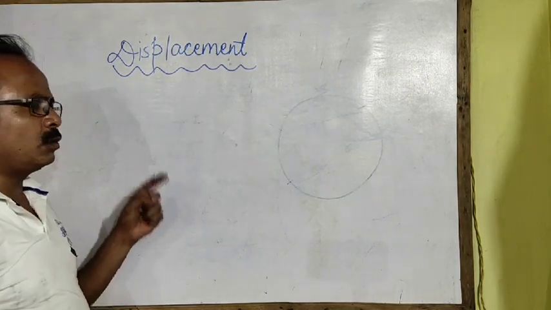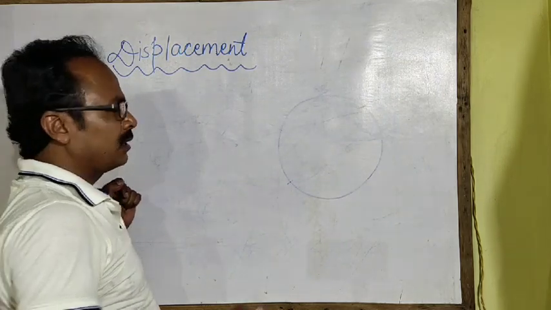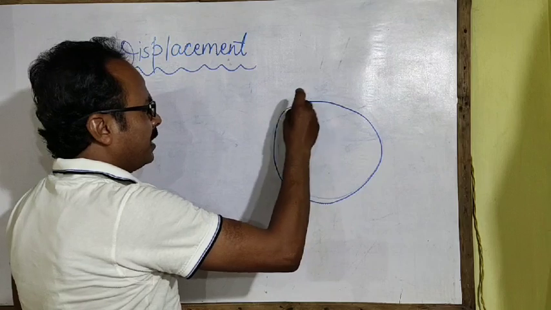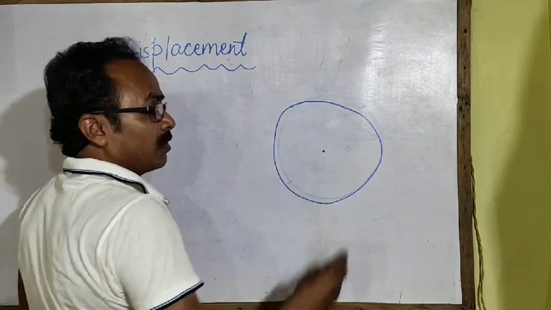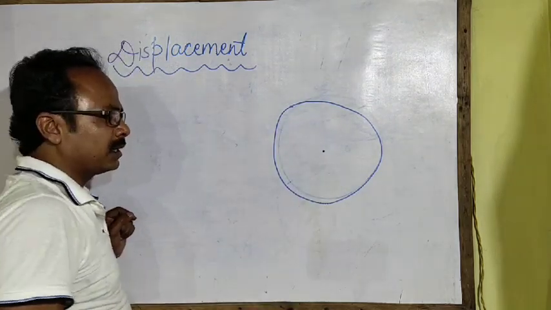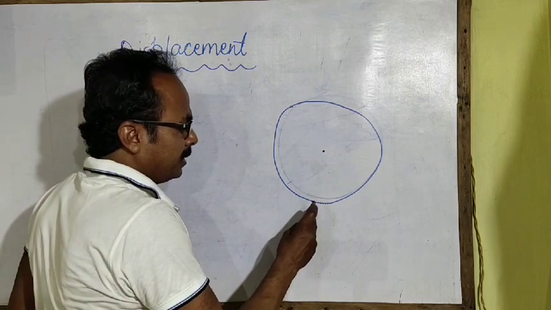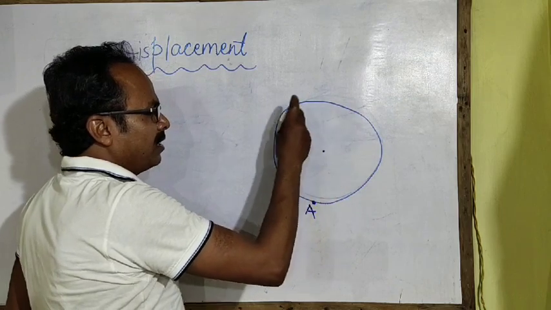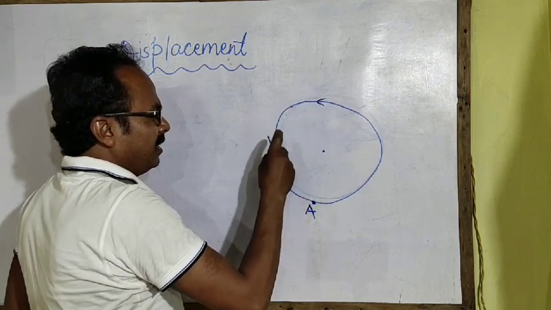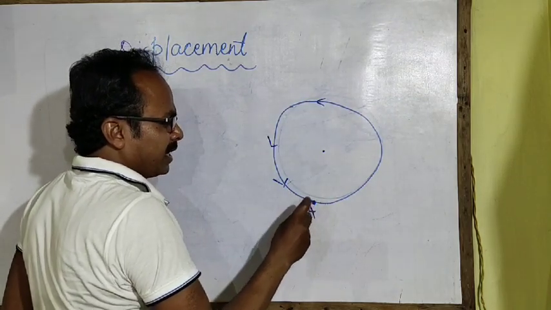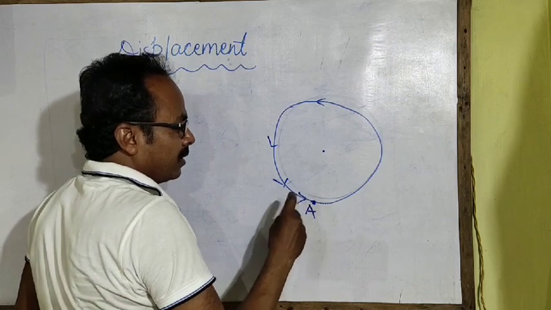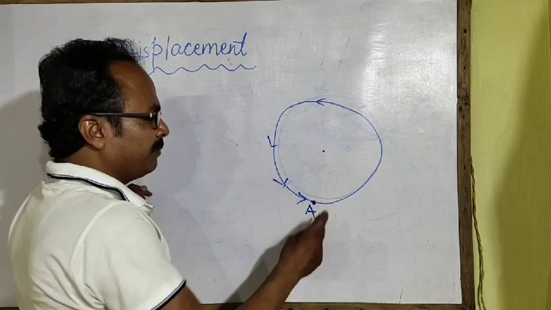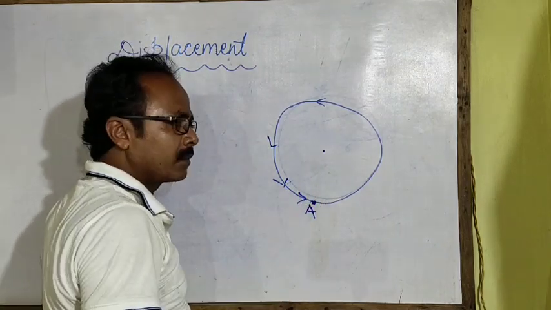Once again, a question arises here: what will be the distance covered by a body when it travels on a circular path? Suppose a person has started traveling from point A, and on traveling from point A it reaches again to the point A. So what will be the possible distance covered by this body?